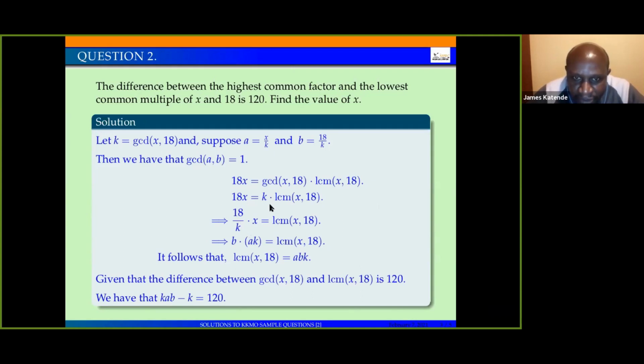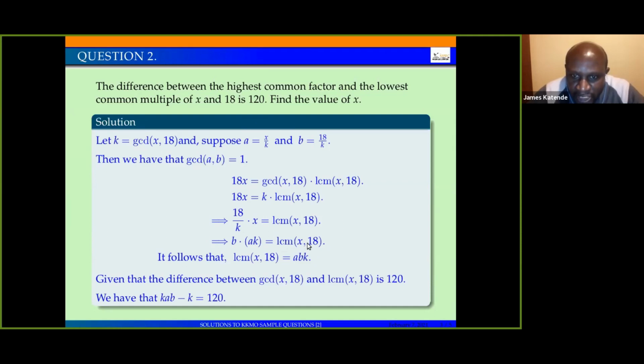So we divide both sides by k. If you divide both sides by k, then you have 18 over k multiplied by x is equal to the least common multiple of x and 18. But we know x, if you use this relationship up here, you can replace x with ak.